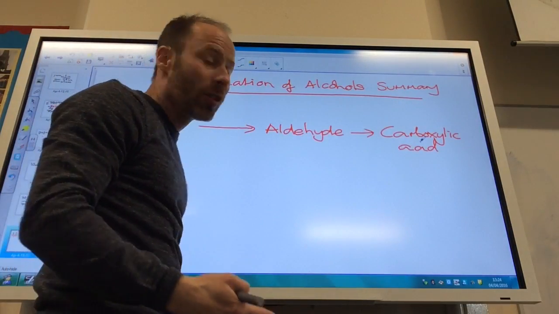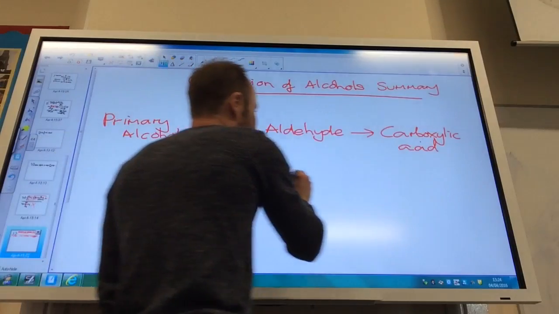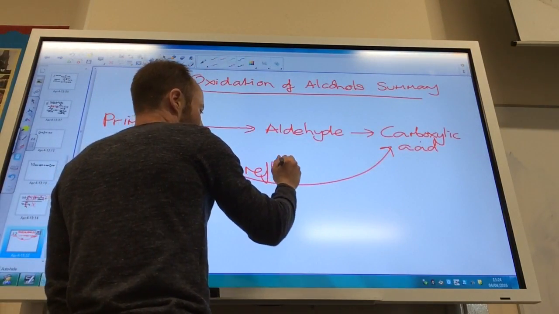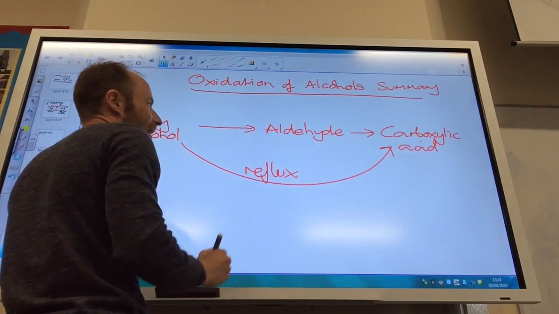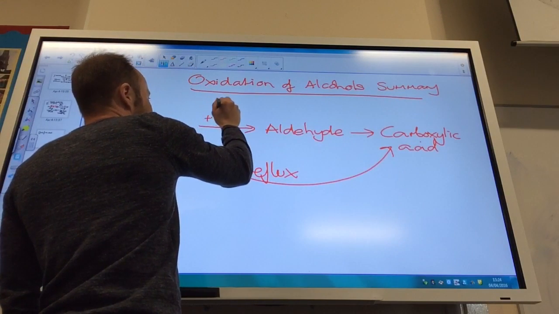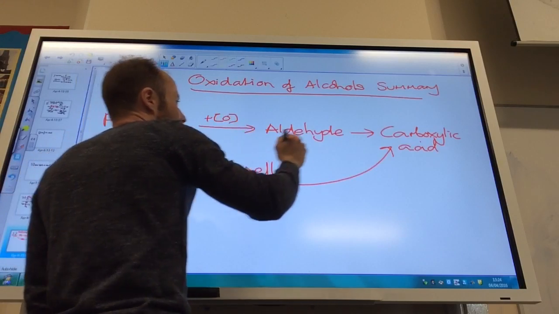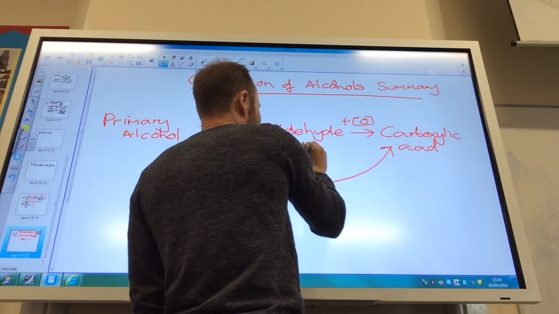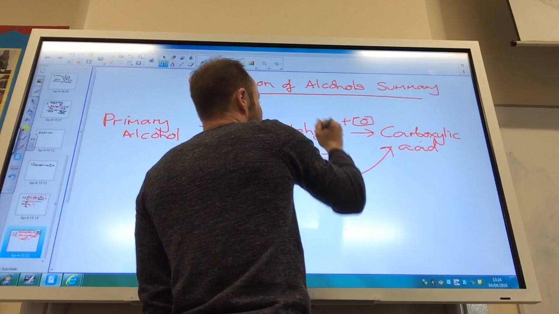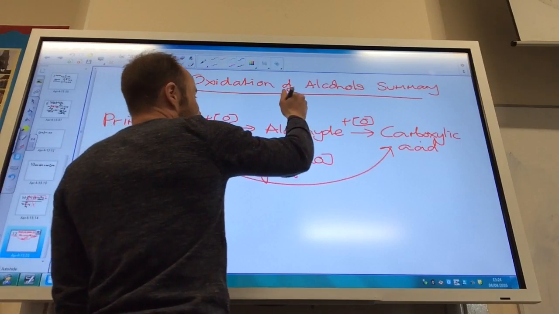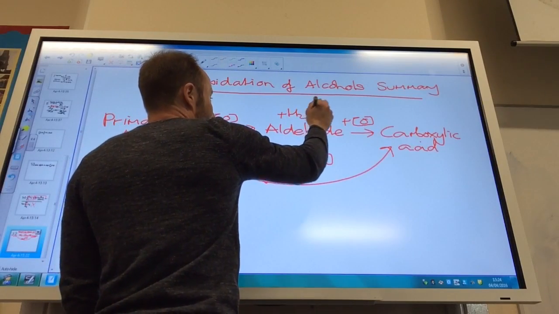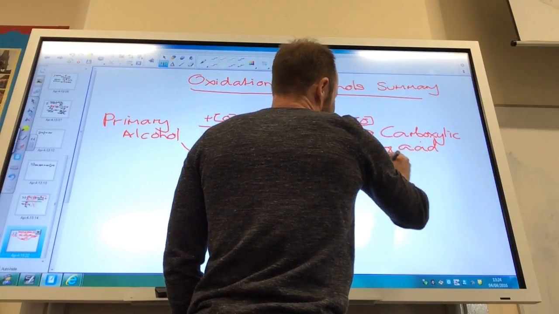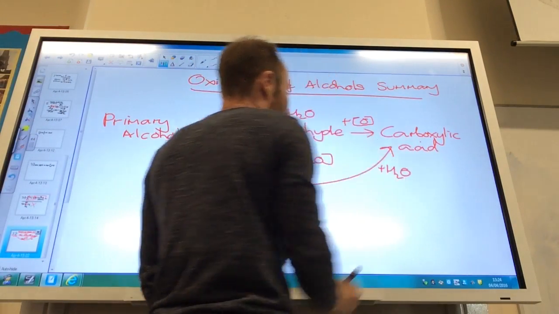I use potassium dichromate to do this, but equally if I refluxed it, it would go straight to the carboxylic acid. So for this one I'm adding +1 oxidizing, for that one I'm adding +1, for this one I'd be adding +2. The thing people forget is you make the aldehyde plus water at this stage. So if you go by that stage, you make the carboxylic acid plus water as well.